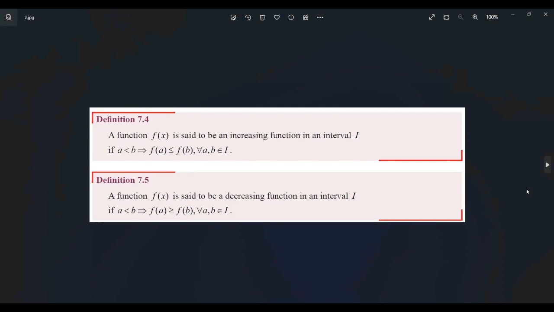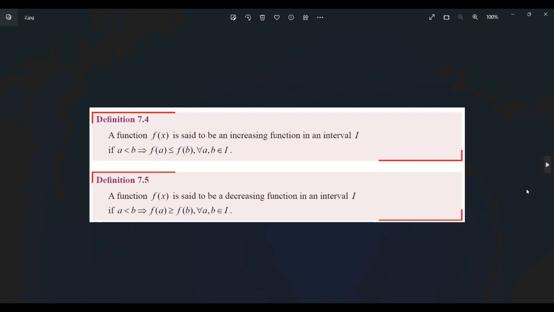So a function is said to be increasing in an interval I if a less than b implies f of a less than or equal to f of b for all a comma b element of I. So as we go from left to right, the function keeps on increasing.